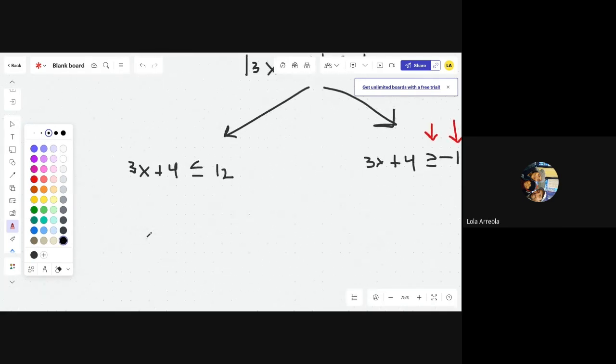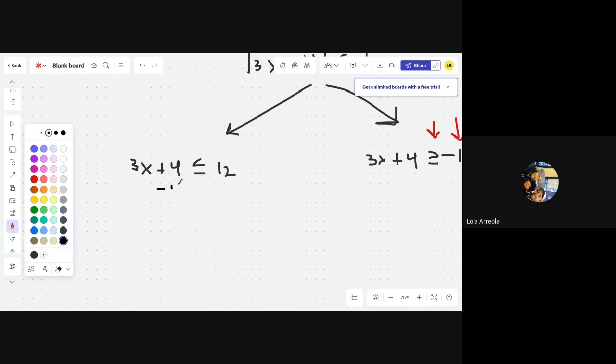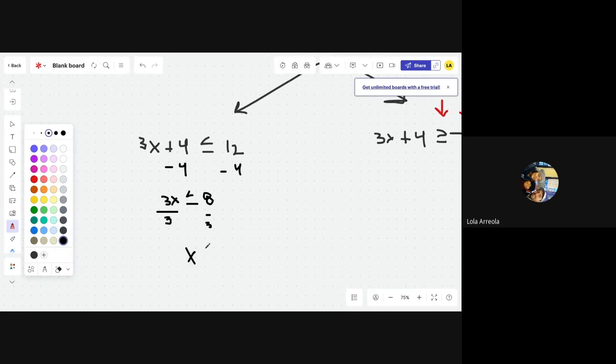And then all I do is solve for x. Very simple. Minus 4, minus 4. So I have 3x is less than or equal to 8. Divide by 3. Again, I'm just isolating, solving for x. X is less than or equal to 8/3. Done.